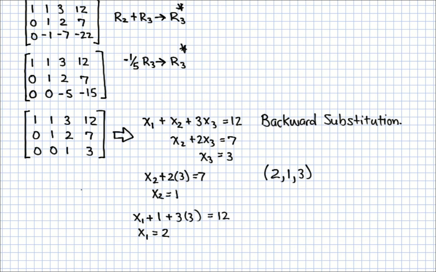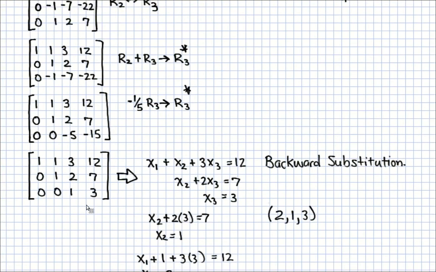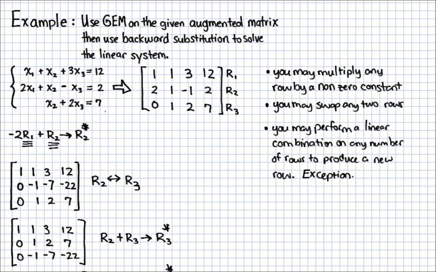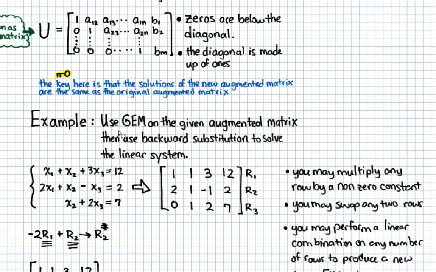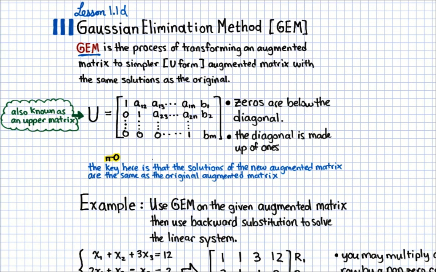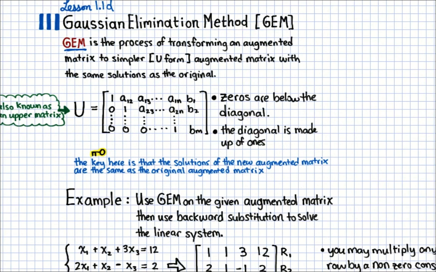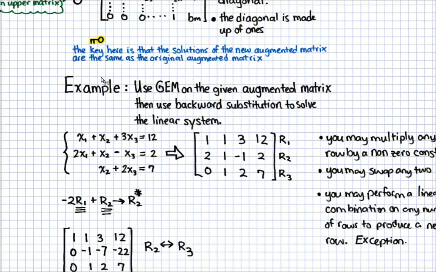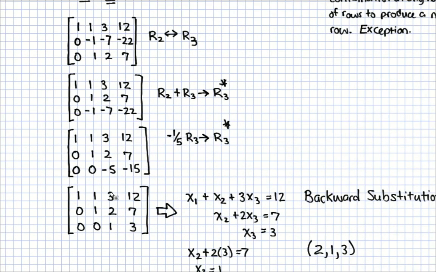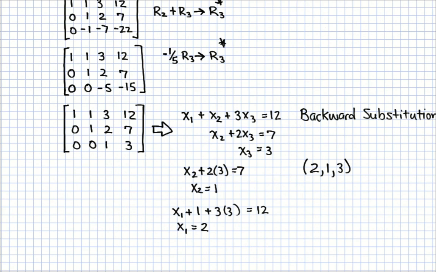Okay, that is the GEM, the Gaussian Elimination method. So let's go back and review real quick what the objective was here. We're transforming the original system, which is this right here, into a U matrix, an upper matrix, where the lower part of that matrix is zeros and the diagonals are 1, like this.